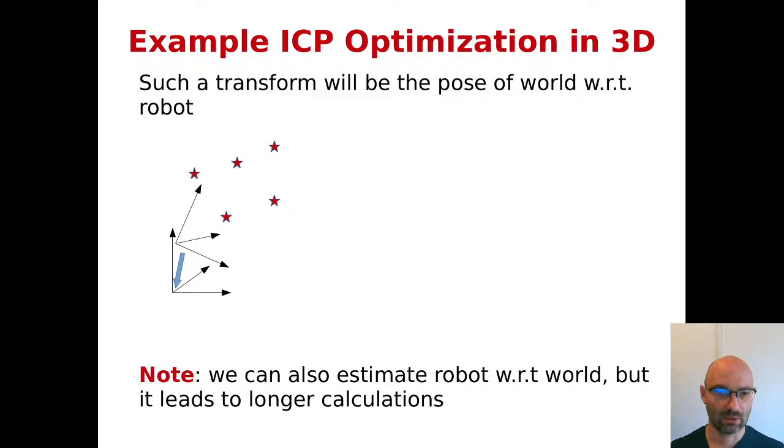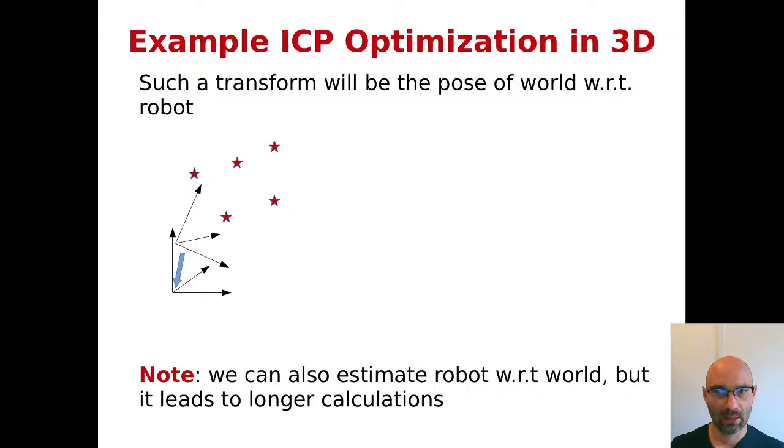In this context, we will talk about estimating the transform of the world with respect to the sensor instead of the opposite, because the formulas are a little bit easier, but doing it in the other way is completely possible.